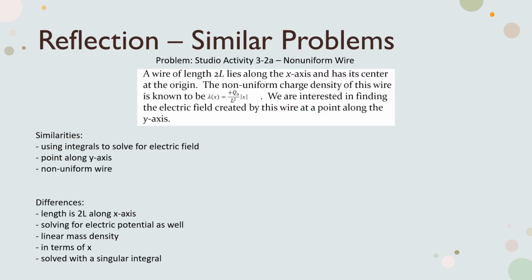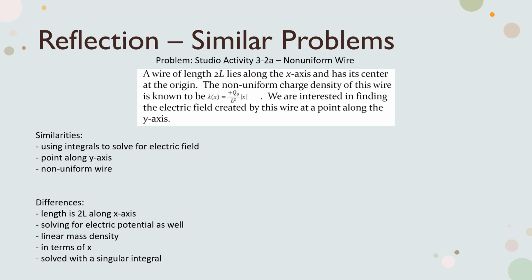For our reflection and similar problems, we chose studio activity 3-2A, a non-uniform wire. With the problem statement given here, we can see some similarities, like using an integral to solve for electric field and finding the electric field on a point along the y-axis, and also when you're given a non-uniform wire. Some differences, however, are the length is 2L along the x-axis, versus this problem we put 2L along the y-axis, and it's the width.